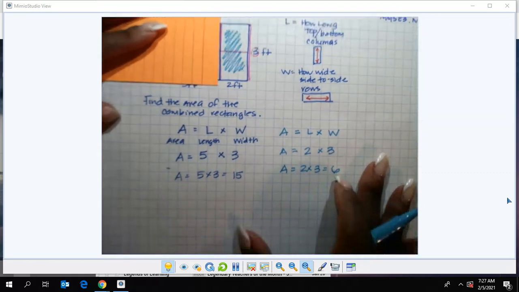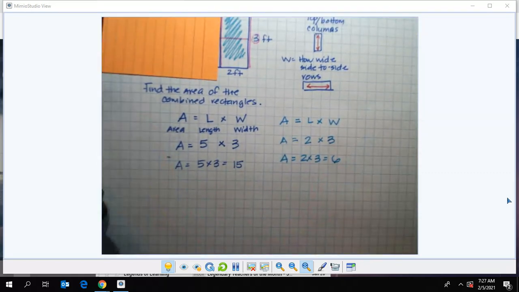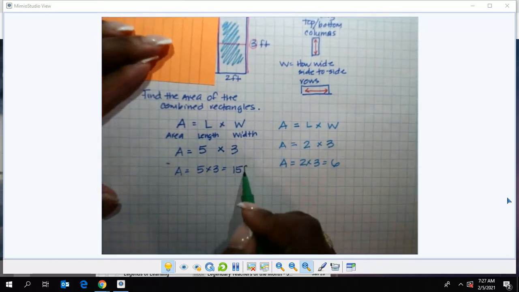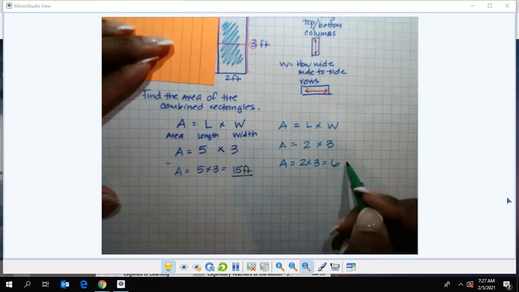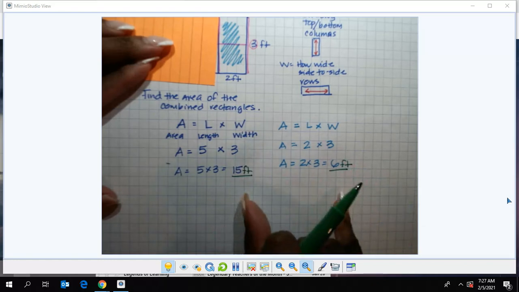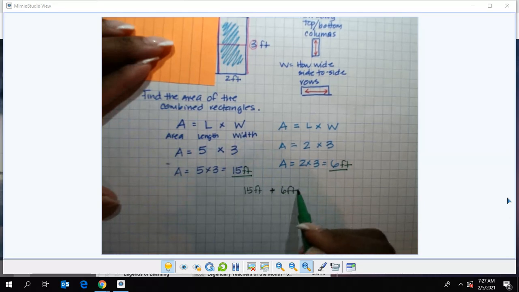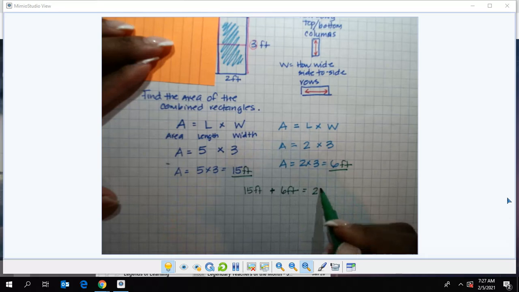So here's our final step. We now have the area of our green rectangle, which is 15 feet, and our blue rectangle, which is 6 feet. We have to add them together. 15 feet plus 6 feet equals 21 feet.